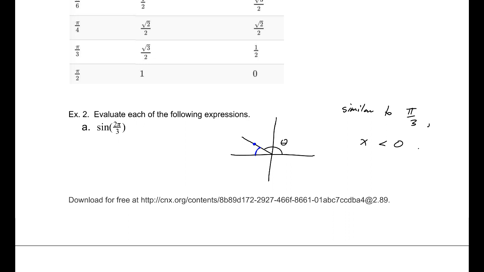Sine is the y, it's going to be the same y value. So, it's similar to pi over 3, so pi over 3 has a value of root 3 over 2. And that is our sine value, because sine theta equals y. That's the y value at that point.